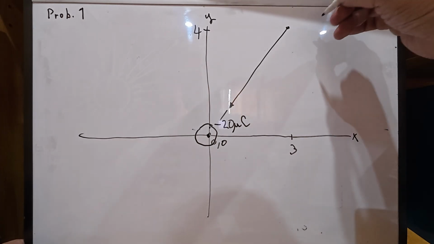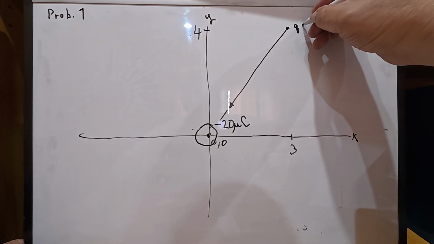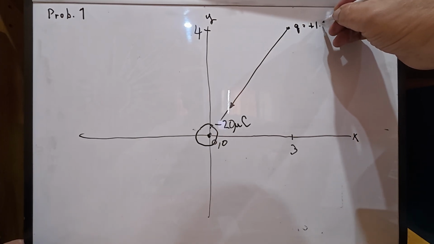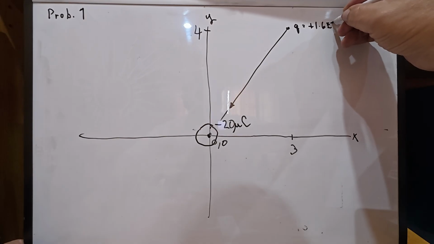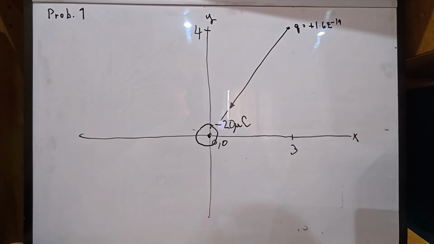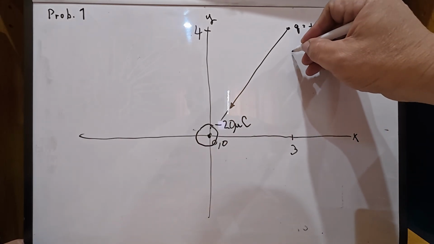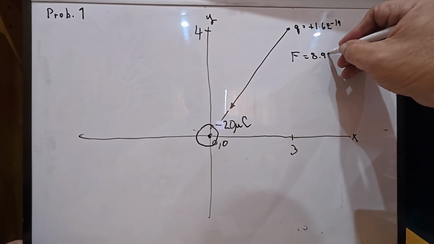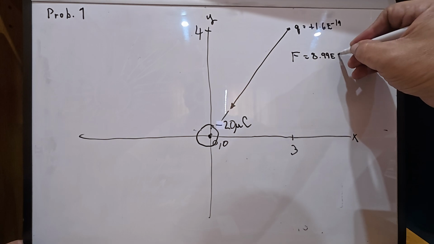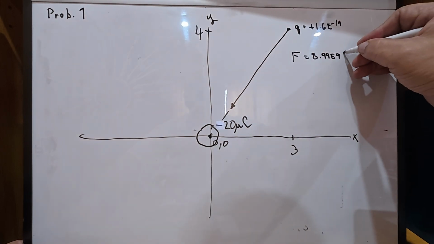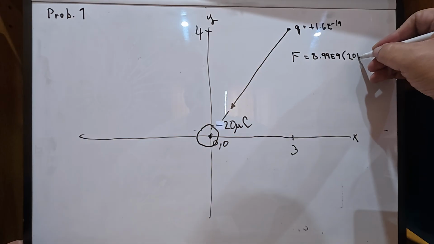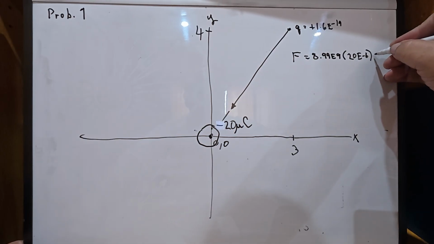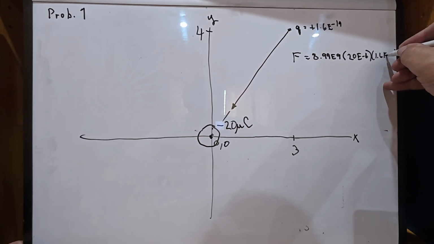And it's a unit positive charge, so it's a q equal to plus 1.6 e to the minus 19. And so the force is k, 8.99 e to the 9th, times 20 e to the minus 6, and 1.6 e to the minus 19.